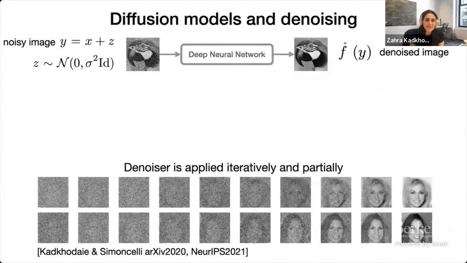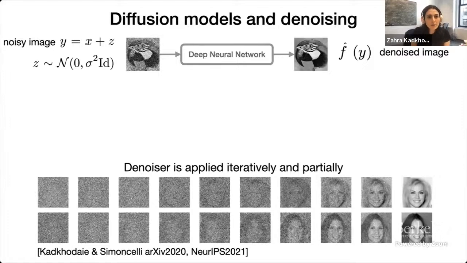So now let's look, very quickly, at how diffusion models work. Just a reminder. Diffusion models are built from denoisers, deep neural network denoisers, which are trained to remove Gaussian noise by minimizing mean square error between the output and a target clean image.